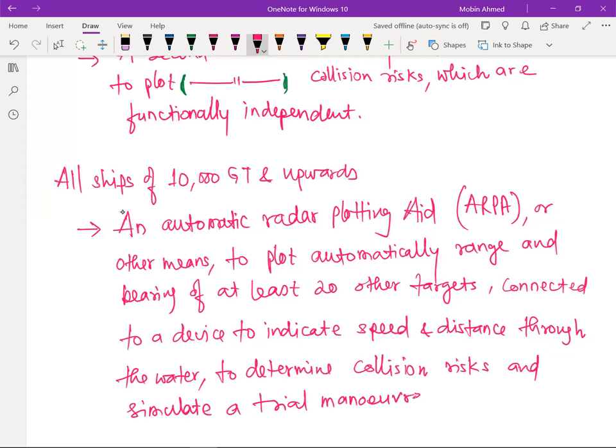So trial maneuver we are supposed to do. So one trial, that is a simulation we can do.